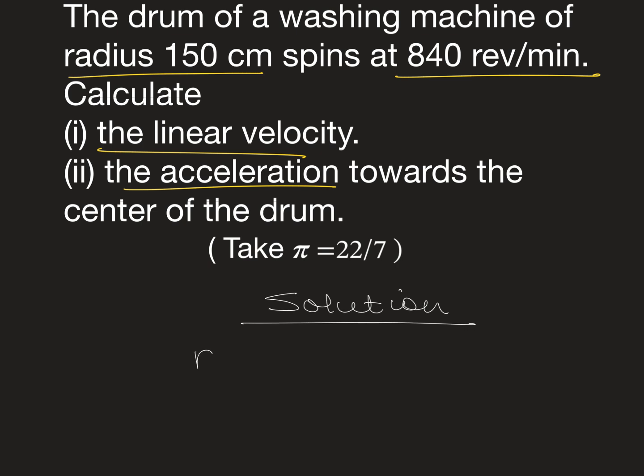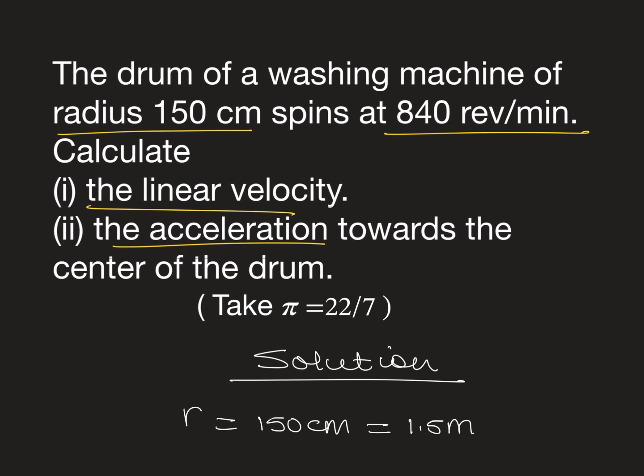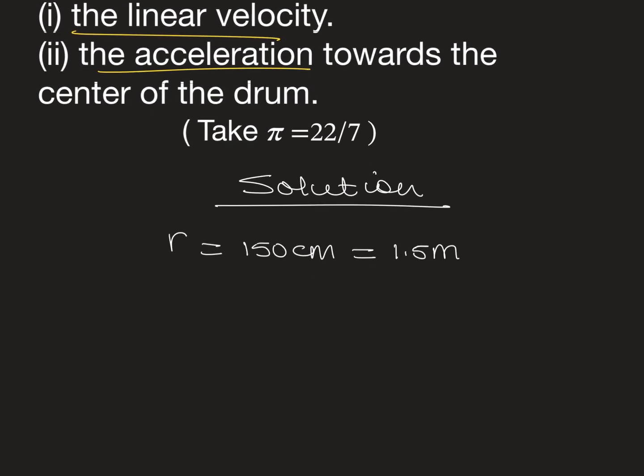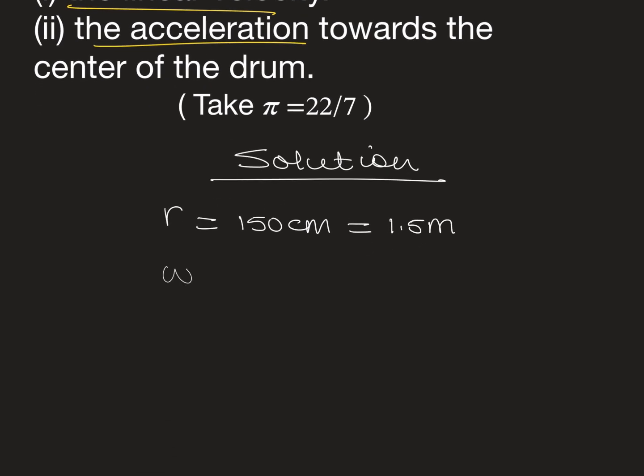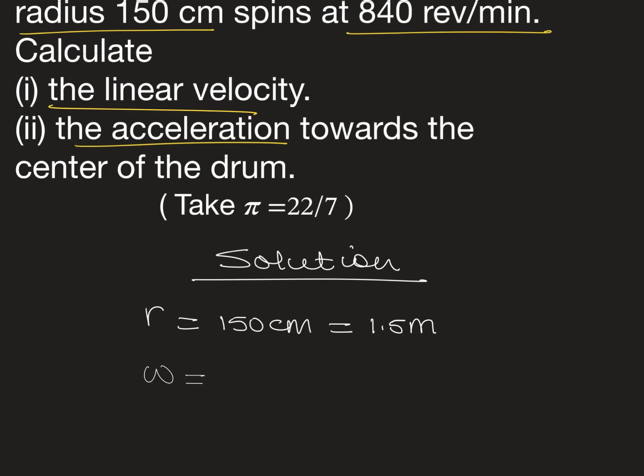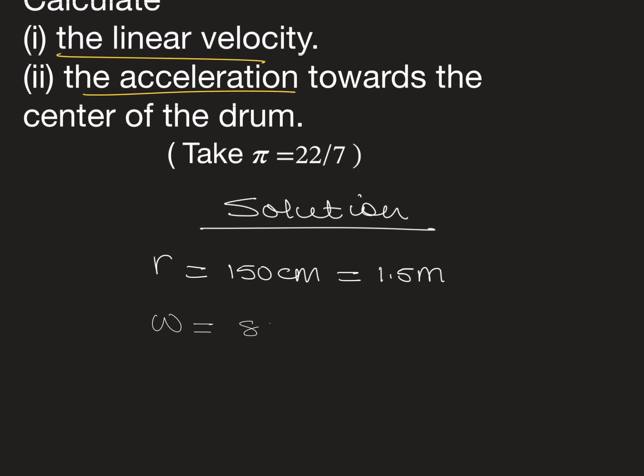The radius of the drum is 150 centimeters. That is the same as 1.5 meters. 840 revolutions per minute means this is the angular velocity. So the angular velocity omega is equal to 840 revolutions per minute.